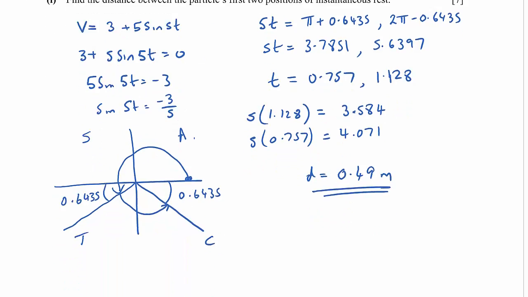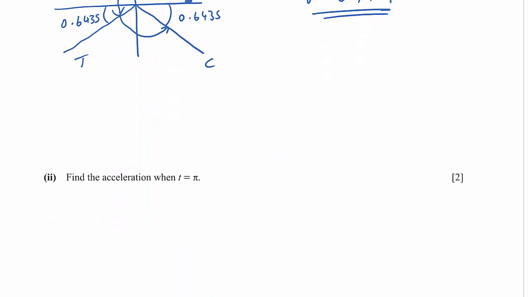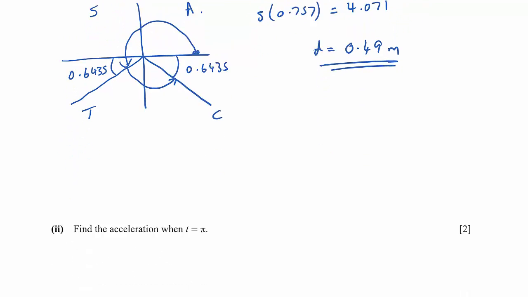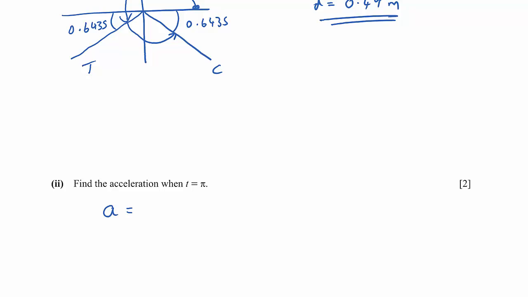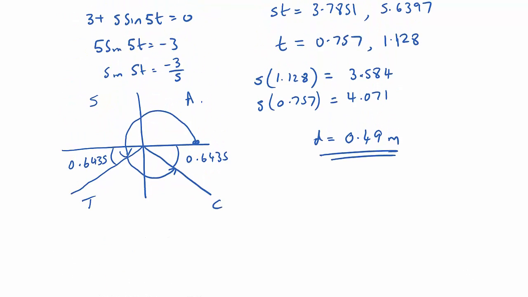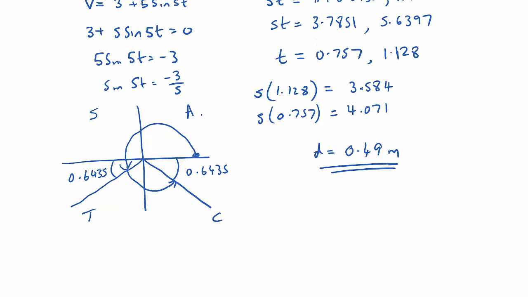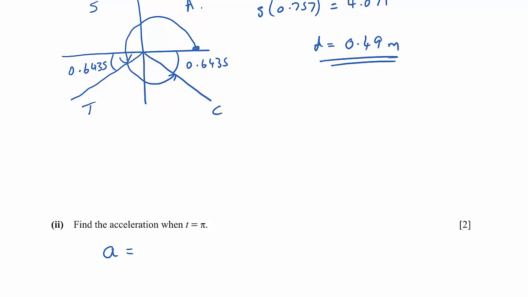Okay, so let's look at the last part of this. Find the acceleration when t is pi. So to get acceleration, we need to differentiate velocity. So the 3 will disappear. Sine differentiates to cos. So it's going to be cos 5t.